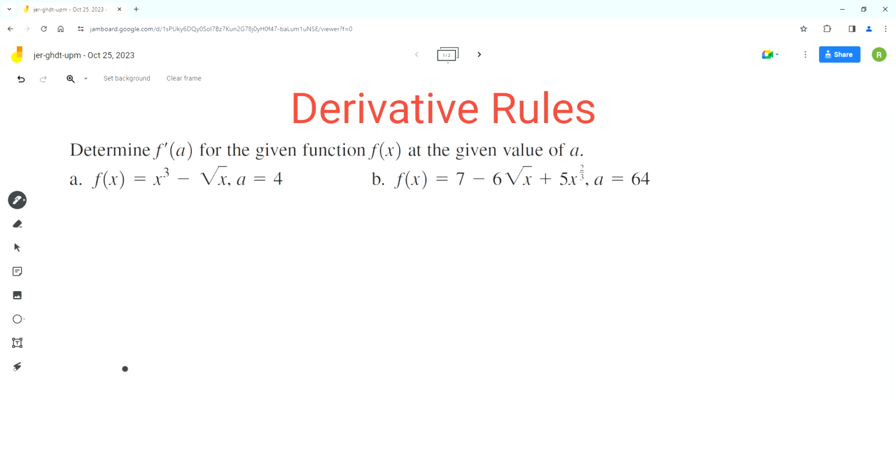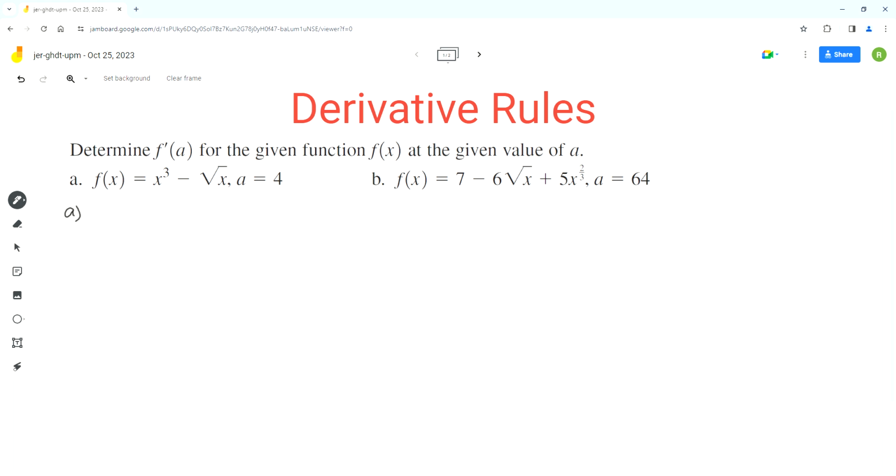So let's start with part A. The first step here is to find the derivative of the given function f of x, and that will be f prime of x, and then we will sub in this a value in that derivative. Now in part A, the given function is f of x equals x cubed minus square root of x.